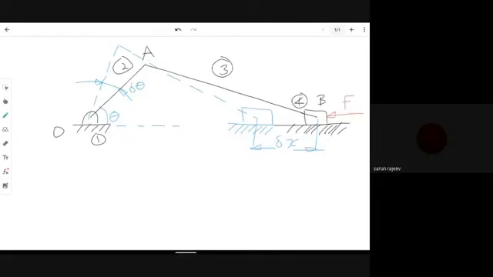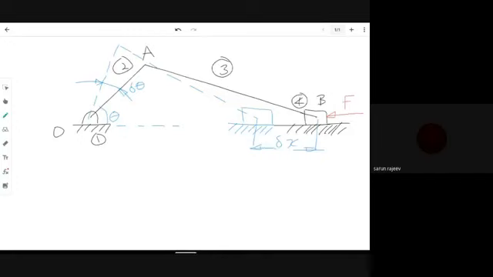That means the virtual displacement may be defined as an imaginary infinitesimally small displacement of the system. See, when you consider the displacement occurring within the given system to be very, very small, so small that we can simply ignore the displacement, for that we use the term infinitesimally small.